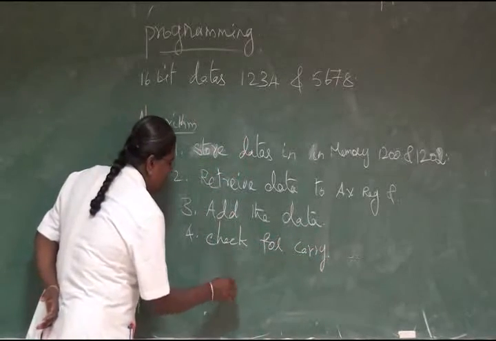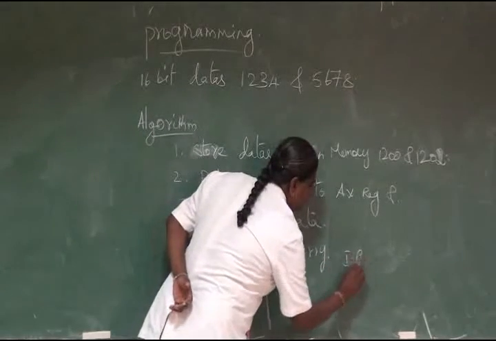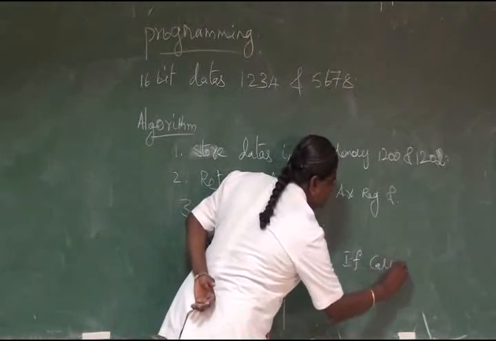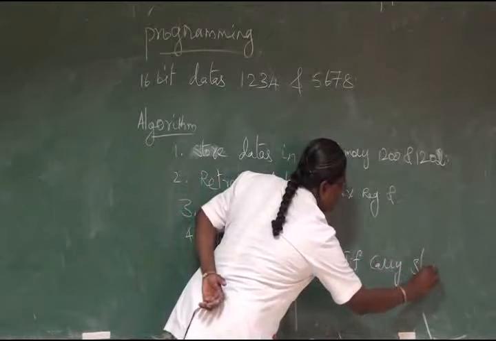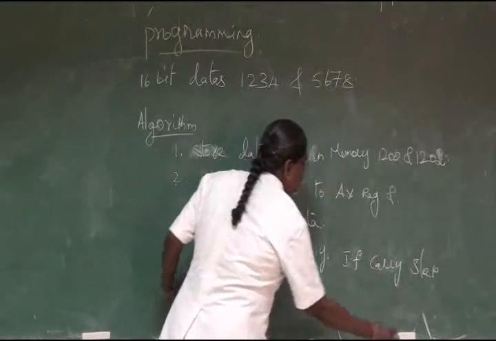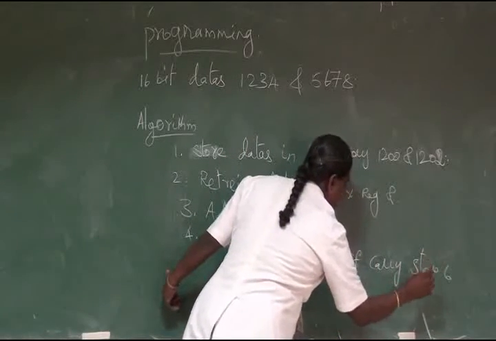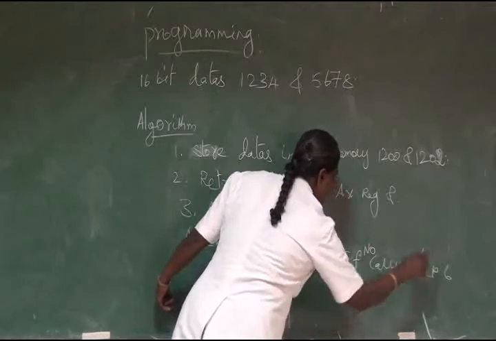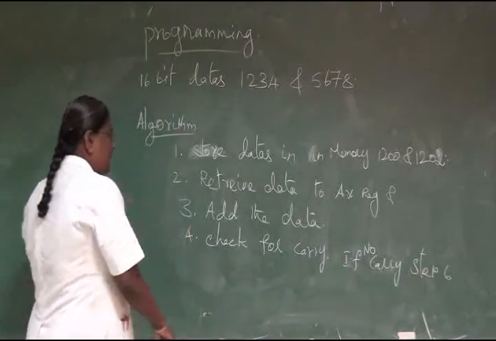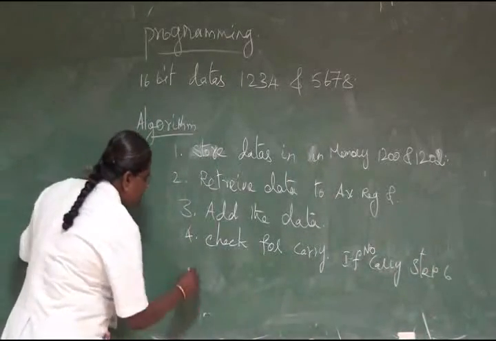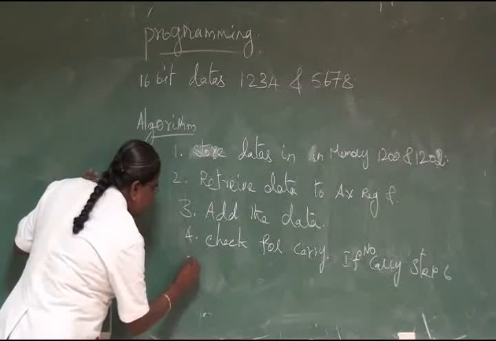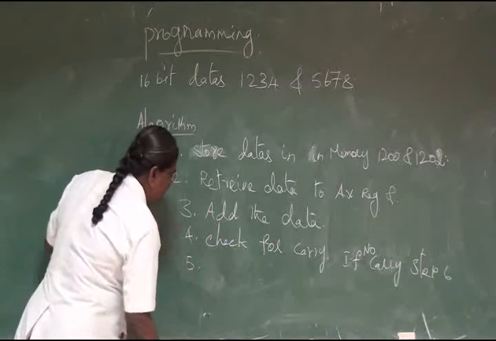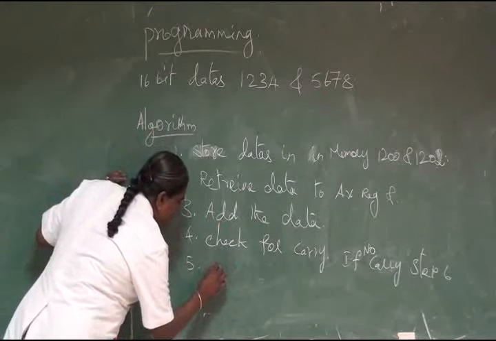Then check for carry. Sorry, if no carry, go to step 6. If carry, we have to go for step 6, that is storing the result. If carry rises, then the carry should be incremented.